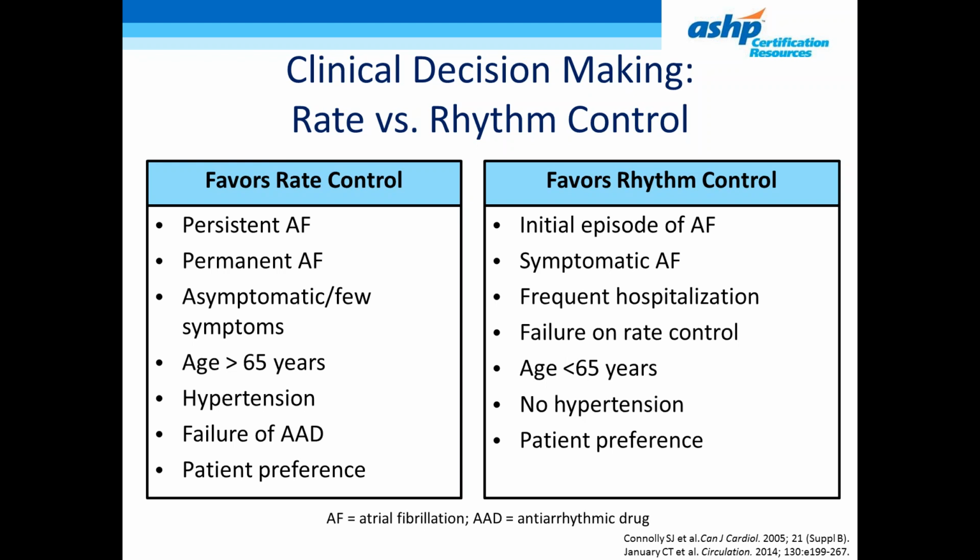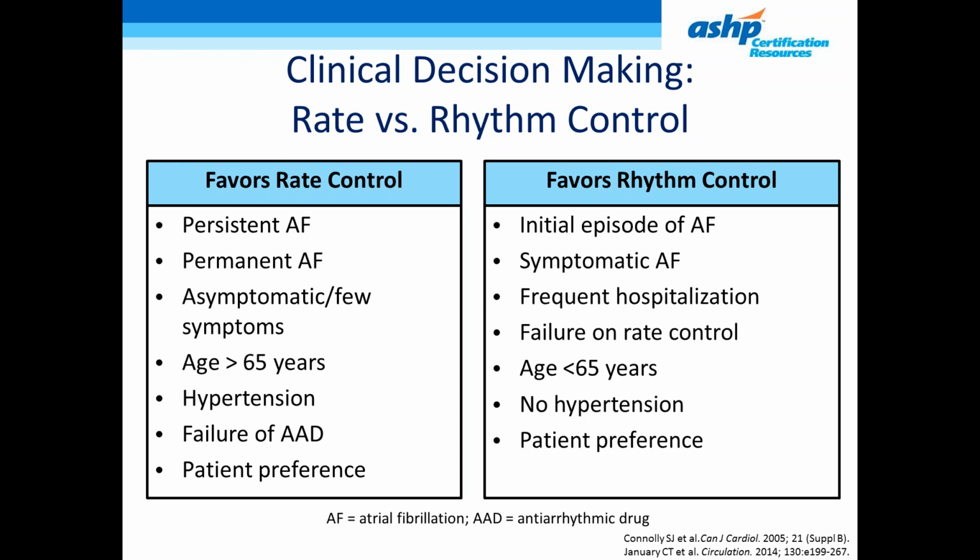So those patients that may favor a rate control strategy are patients with persistent or permanent atrial fibrillation. So these patients are in the chronic atrial fibrillation category. Those patients that are asymptomatic or report very few or very mild symptoms associated with their atrial fibrillation.